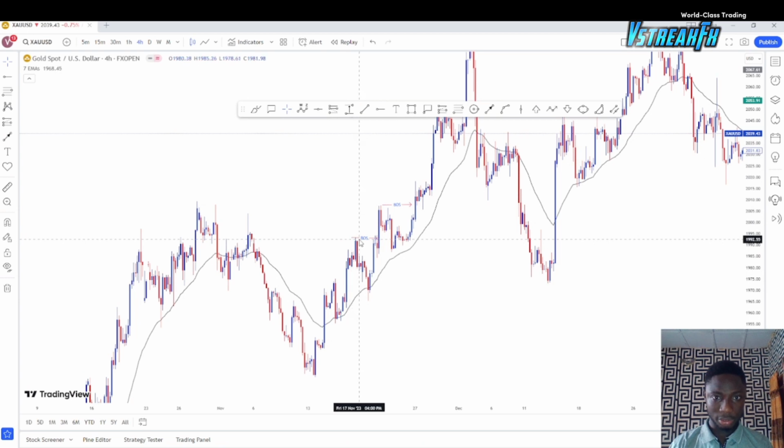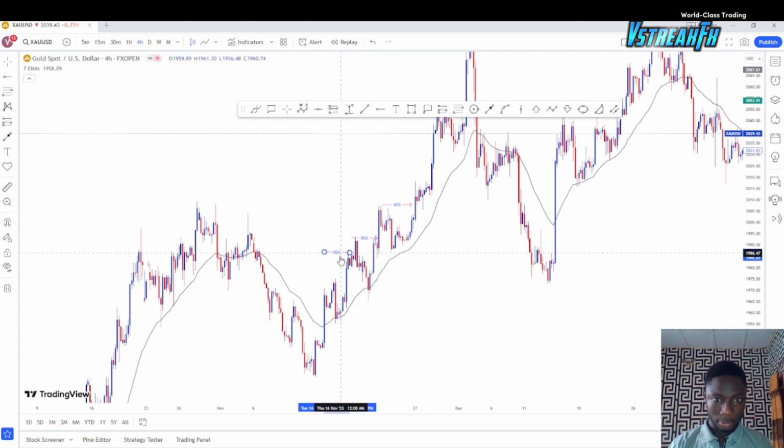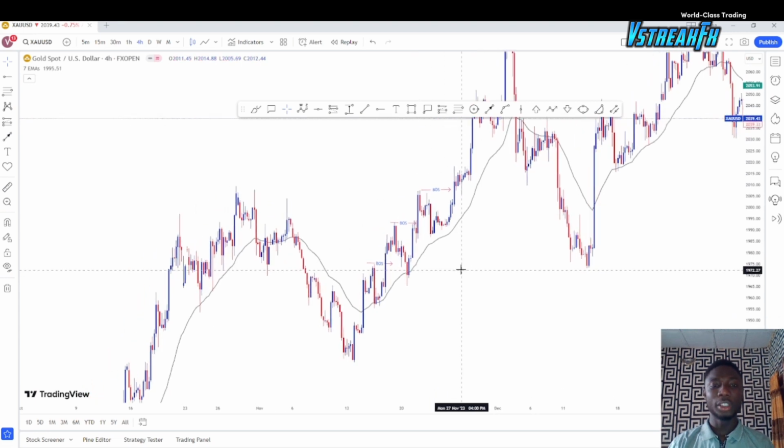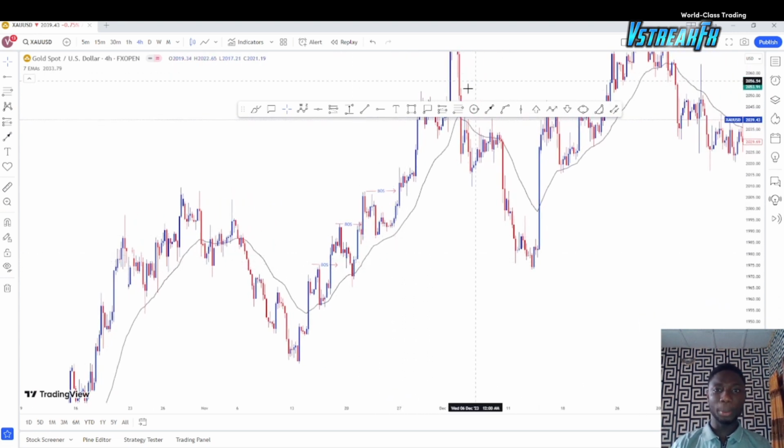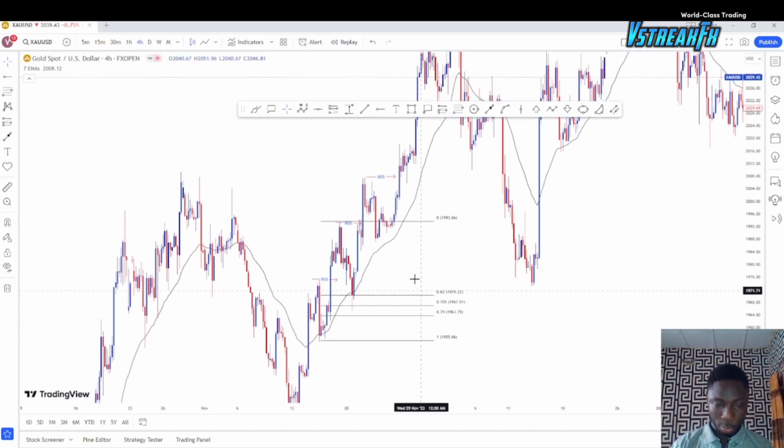Let me clone this and bring it to this place. So picking it, you pick your fib level from the previous higher low to the next higher high. You can see, and what do we get?